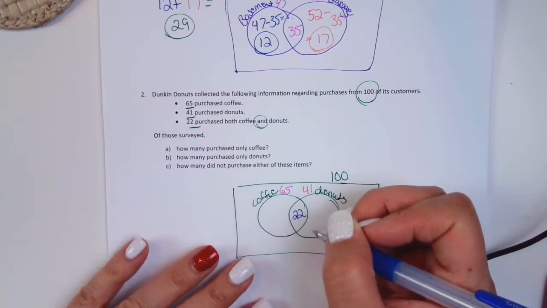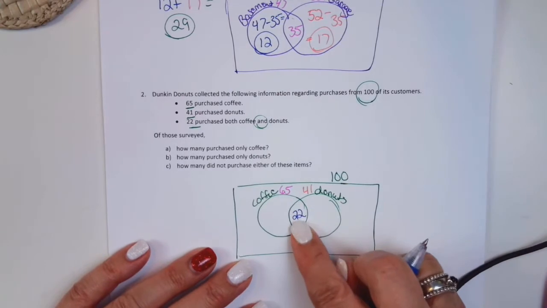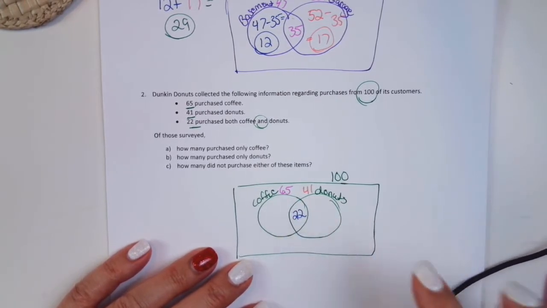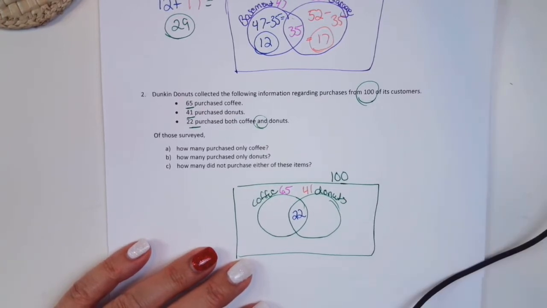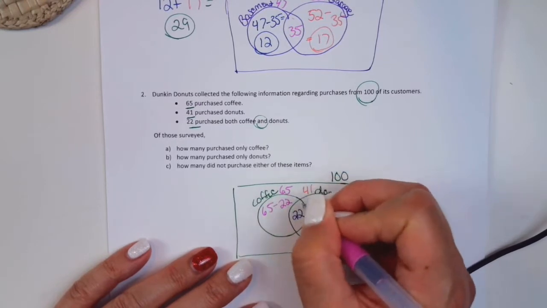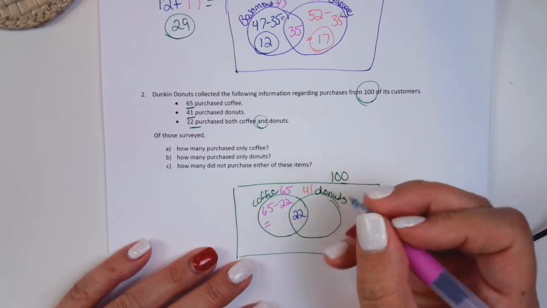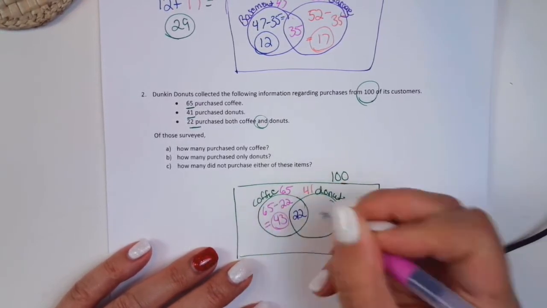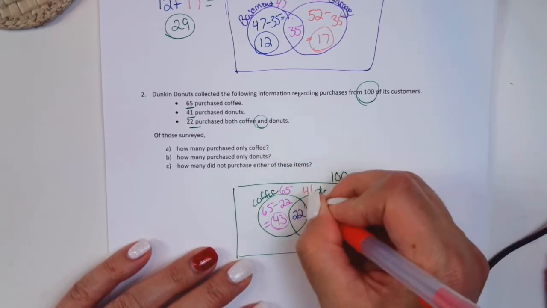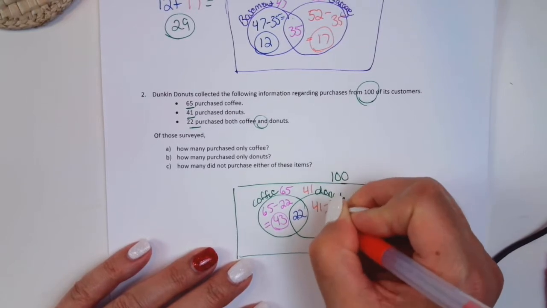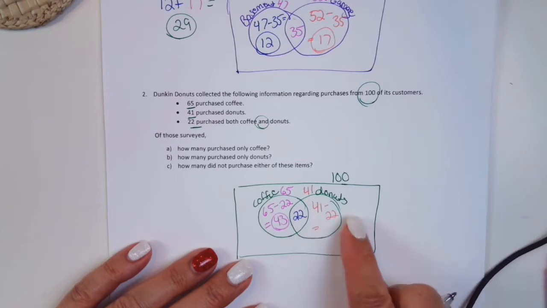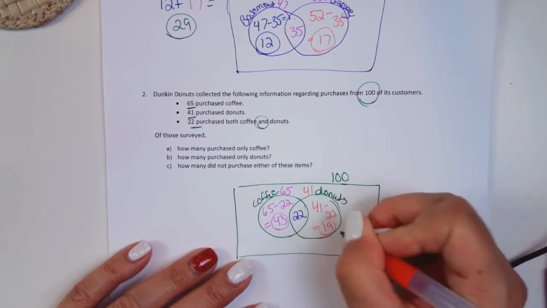And again, we're going to take that 22 away from the 65 and the 41 because it's already in the middle here. So 65 minus 22 equals 43. Same thing with the donuts: 41 minus 22, subtracting that, equals 19.